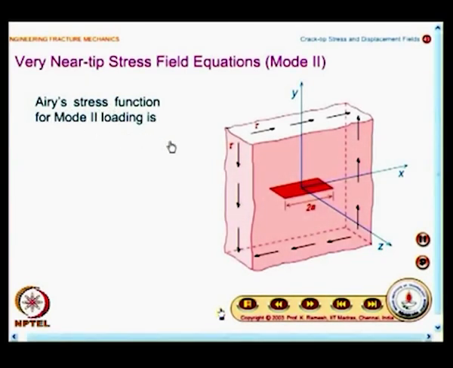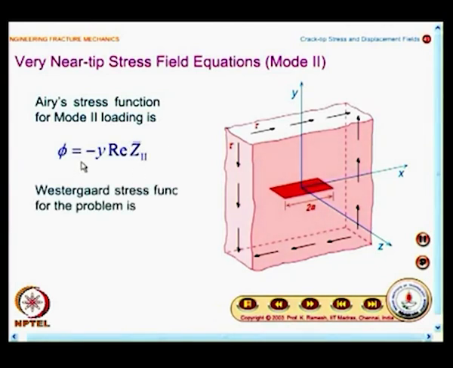For mode 2 loading, it is given as phi equal to minus y times real part of Z2 bar, because now we are confining our attention to only mode 1, mode 2 and mode 3. So, this is the Westergaard stress function.